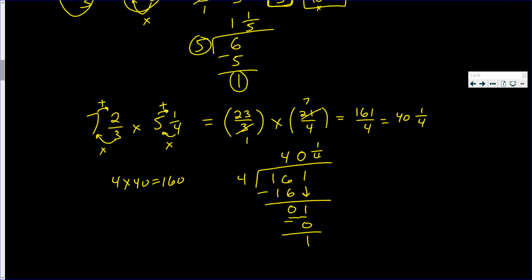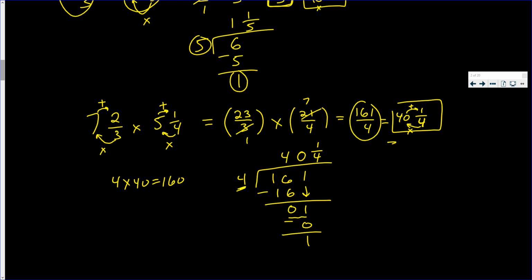That remainder gets divided by the 4. So, yep, that's right. And we can check it. 4 times 40 is 160, plus 1 more is 161 over the 4. Got it. Hopefully everything else was right. But this we were able to check.